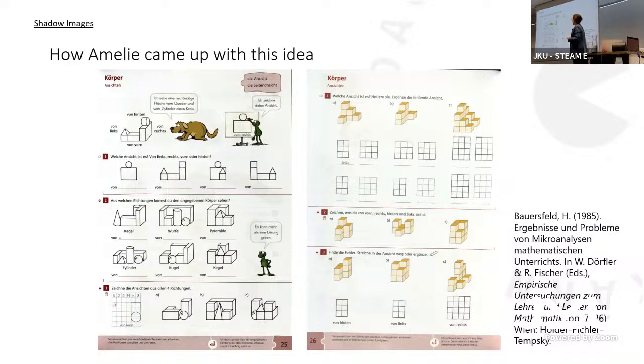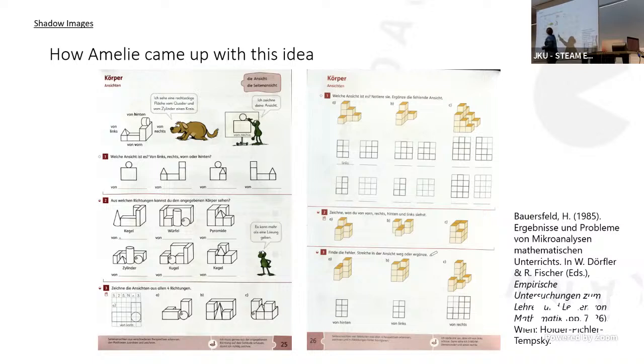At first, I want to shortly tell you how Amelie came up with this idea to make the learning environment with shadow images. She looked at a German textbook, and I think in Austria you can see similar things in the textbooks. You have to draw the image from the right side, from the left side, from the front, or from the back.